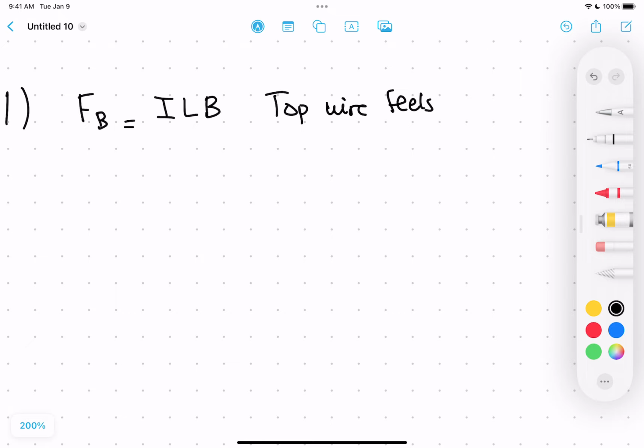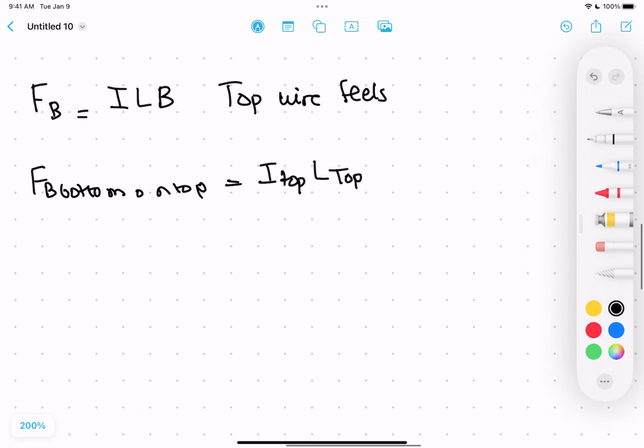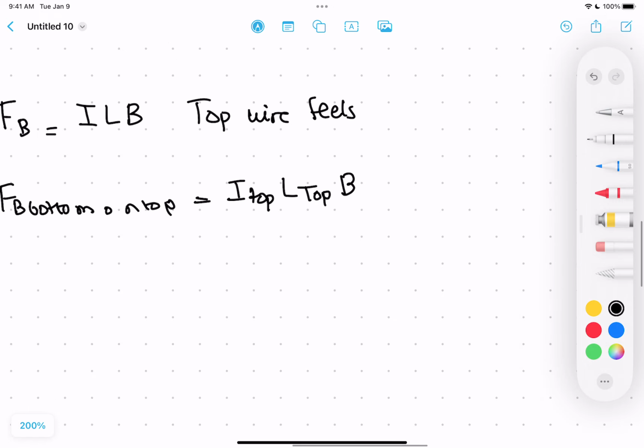So if you're looking for the magnetic force of the bottom wire on the top wire, F_B bottom on top, then we're concerned with the current of the one on top, I top, and the length of the one on top, because those are two inherent characteristics of that specific wire. But then we're concerned with the magnetic field B bottom, because that generates the magnetic field that the top wire feels.